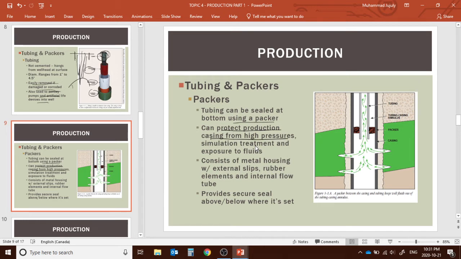You know the kick. Well, sometimes this oil and gas, whatever the reservoir fluids, whatever is in there, is at very high pressure, very high pressure. Okay, sometimes it exceeds 10,000 to 20,000 psi, which is very high.